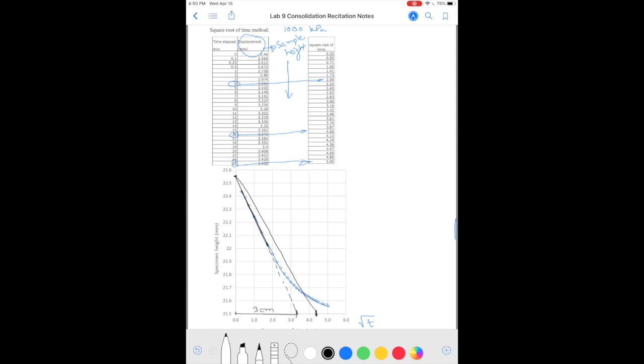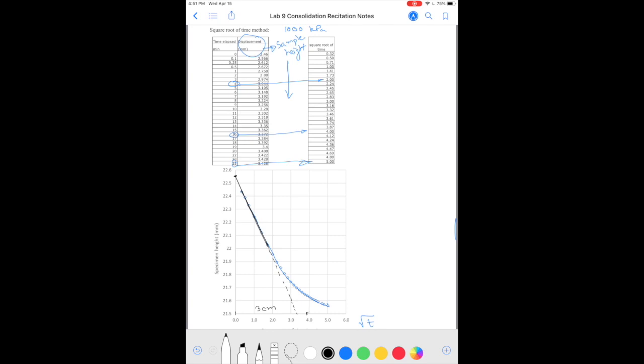Obviously, I didn't draw this well, so I'm going to delete this and say 3. So this one, okay, if I extend it to be precise, if I measure this physical distance, let's say this physical distance is 3 centimeters. So 1.15 times 3 becomes 3.45.